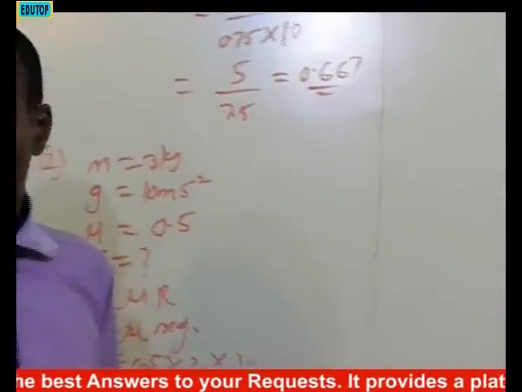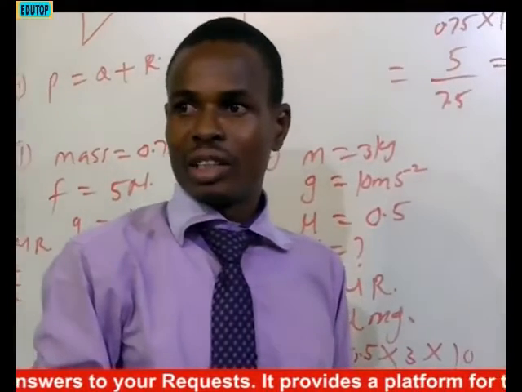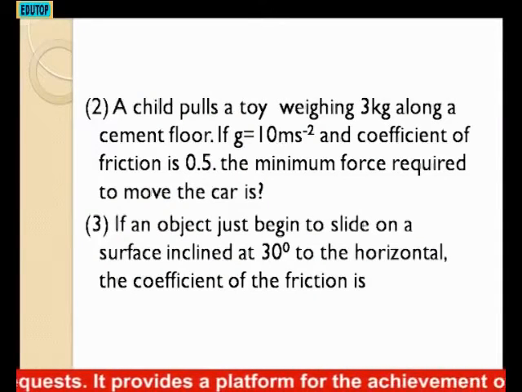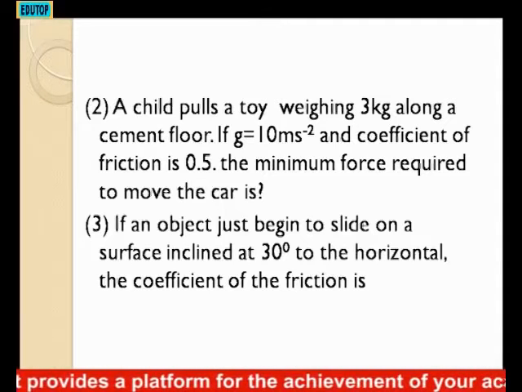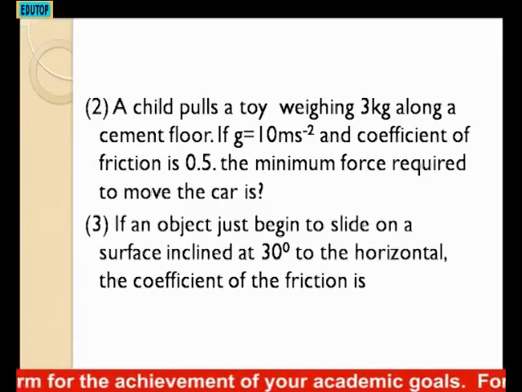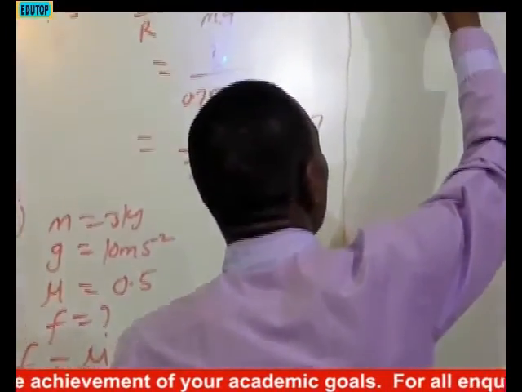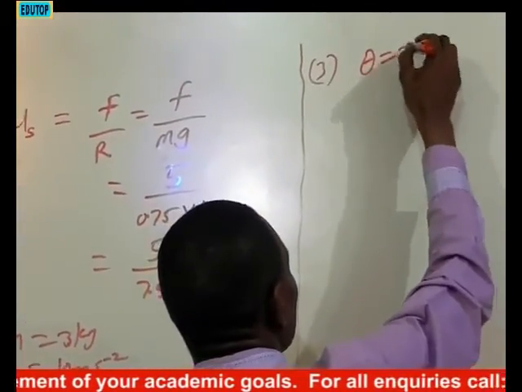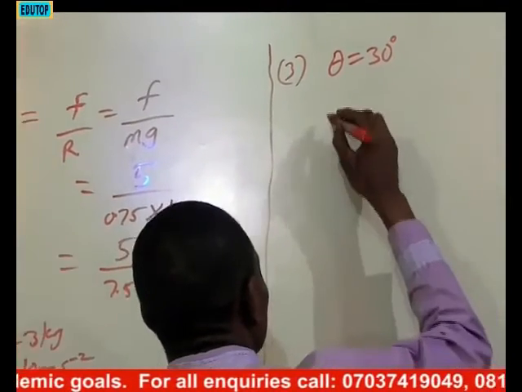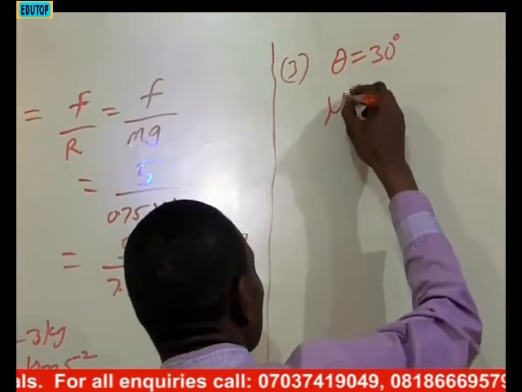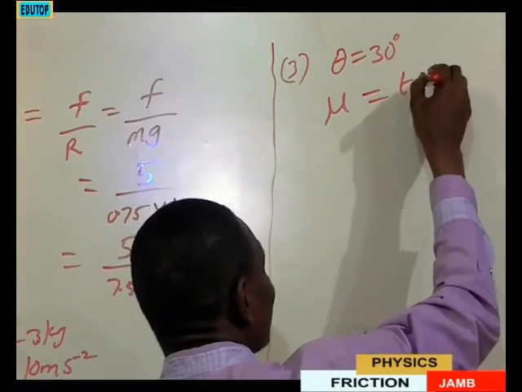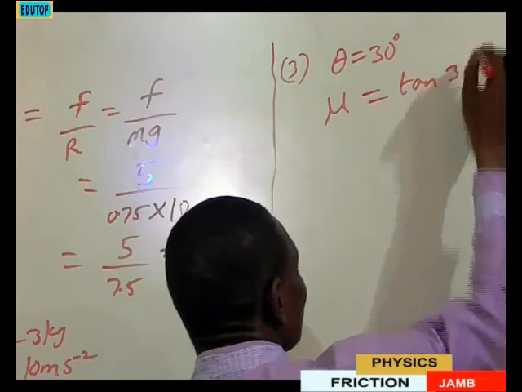Question number 3. If an object just begins to slide on a surface inclined at 30 degrees to the horizontal, the coefficient of friction is... we are given the angle of inclination to be 30 degrees to the horizontal. What will now be the coefficient of friction? It is equal to tan 30 straight away.